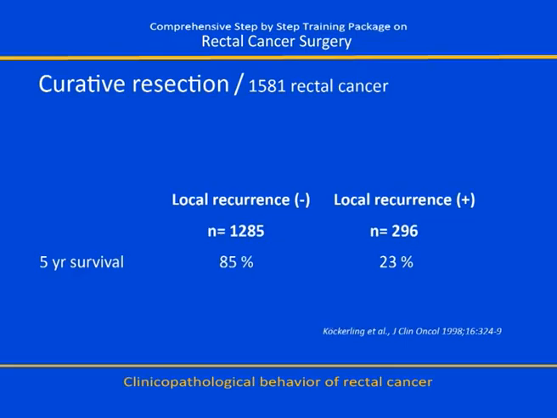The local recurrence rate in Koechling's study from Germany relates to the impact of local recurrence on 5-year survival, and of course that is dramatic. Only 23% of those who do get a local recurrence actually survive 5 years, but that's unsurprising.